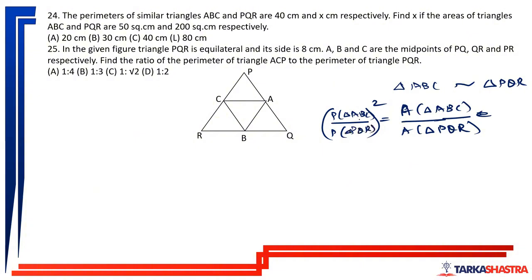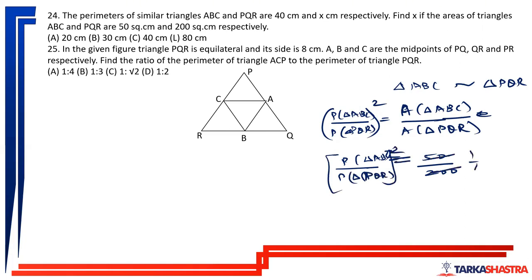It should be the ratio of the squares of the sides, but if it is the ratio of the squares of the sides, it can also be the ratio of the squares of the perimeters. Area of triangle ABC is given as 50, area of triangle PQR is given as 200, so the square of the perimeter ratio is equal to this, which is nothing but 1 by 4.